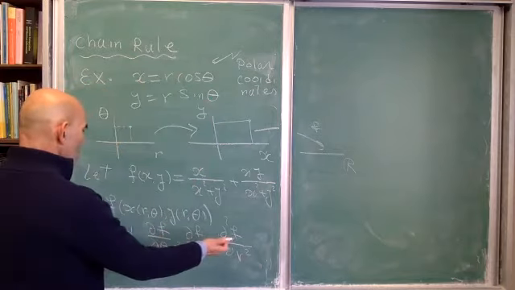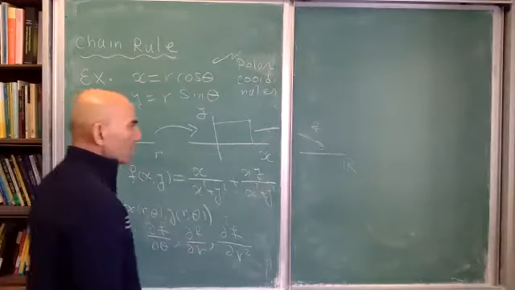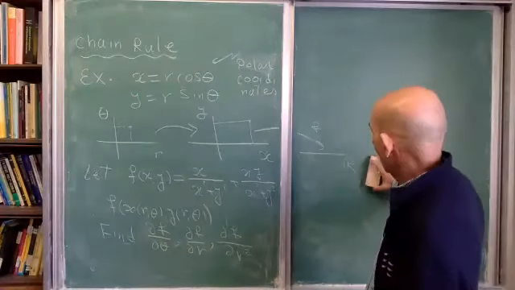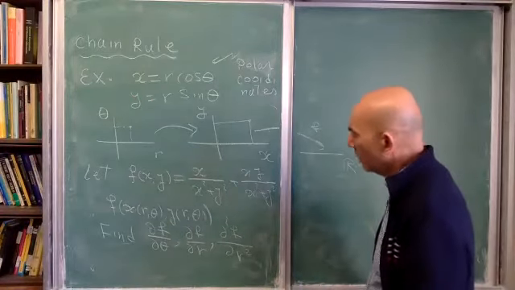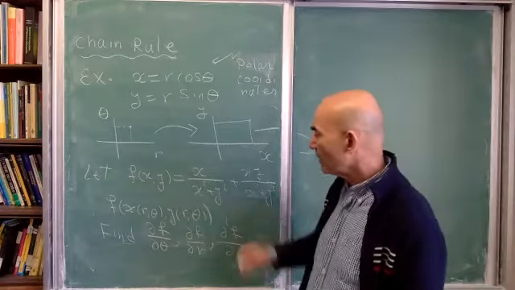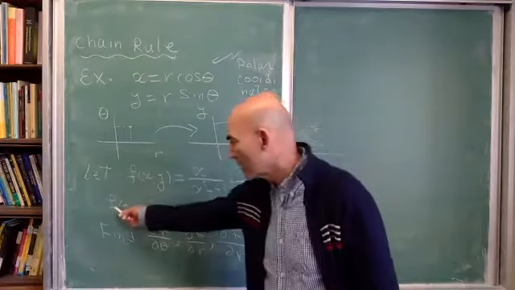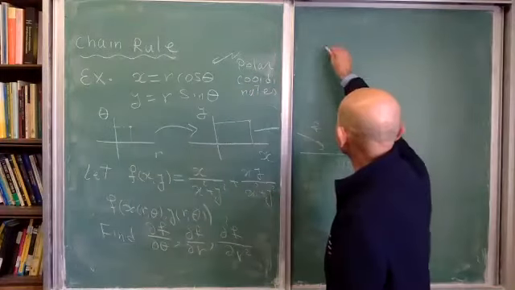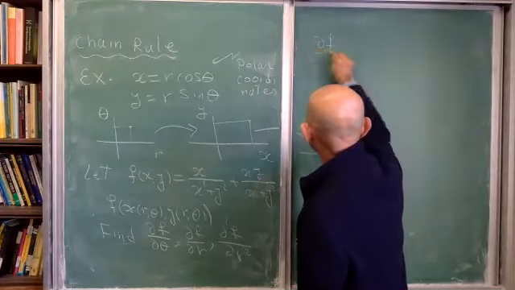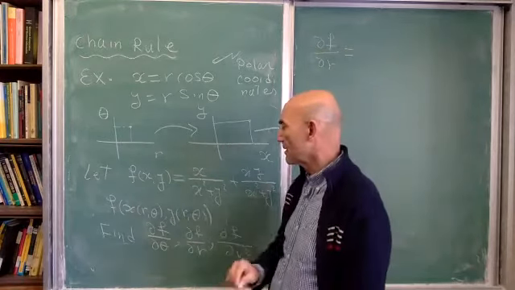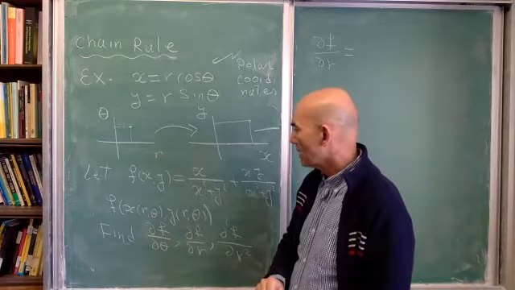Okay, so how are we going to do this problem using the chain rule? The chain rule says that the partial derivative of this function f with respect to r is obtained like this.